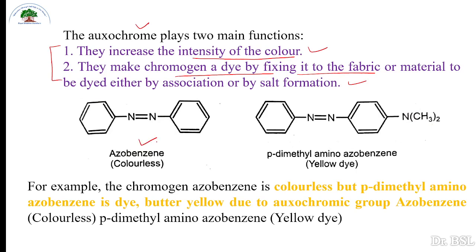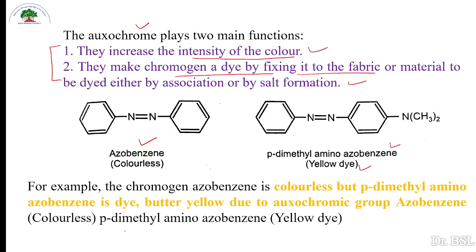Azobenzene is colorless, while para-dimethylaminoazobenzene is a yellow dye. For example, the chromogen azobenzene is colorless, but para-dimethylaminoazobenzene is a dye, yellow due to the oxochromic group.